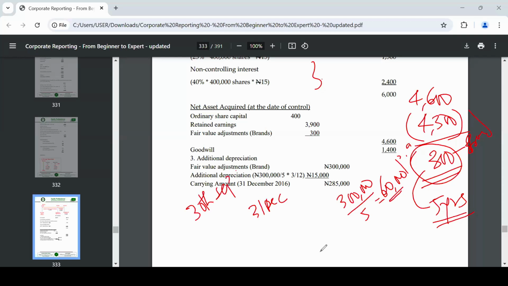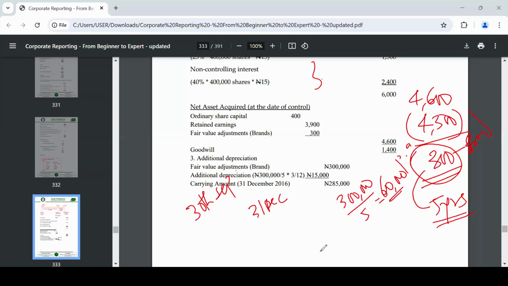Now, if I count from 30th September to 31st December, I can't count September because it is the last date in September. So therefore, I'll start from October, November, and December. That's for 3 months.